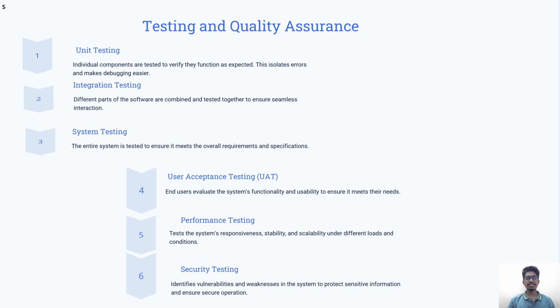User acceptance testing. End users evaluate the system's functionality and usability to ensure it meets their needs. Performance testing. This tests the system's responsiveness, stability, and scalability under different loads and conditions. Security testing. This identifies vulnerabilities and weaknesses in the system to protect sensitive information and ensure secure operation.